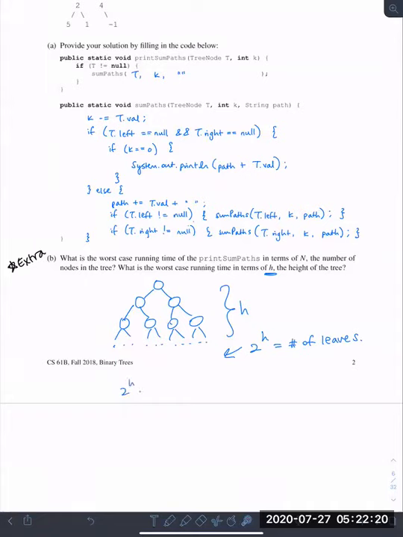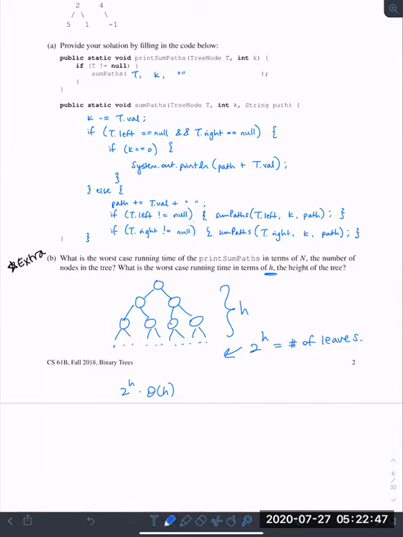Well, I know that I have to concatenate h strings from my root to the leaf, which is the height of the tree. And so really this is just theta of h concatenations for each of these root to leaf paths.